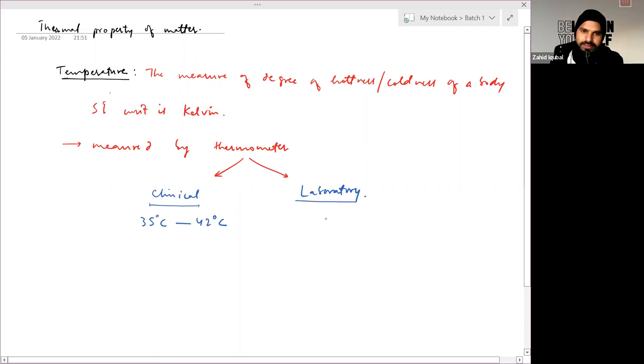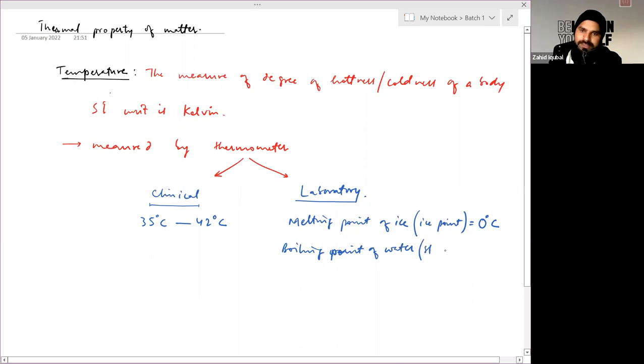In laboratory thermometer, we define on the basis of melting point of ice, it is also called ice point, so it will be 0 degrees Celsius. And next is boiling point of water, it is also called steam point, 100 degrees Celsius.